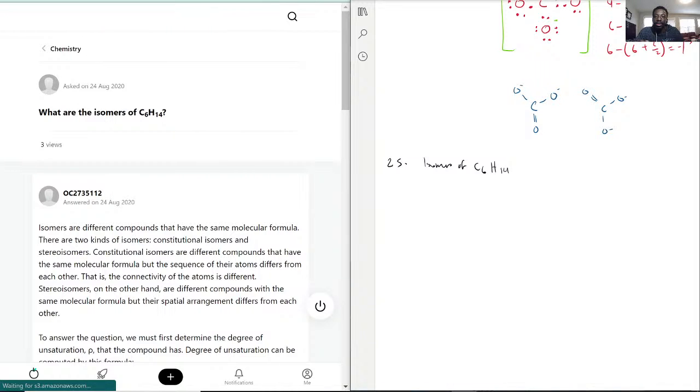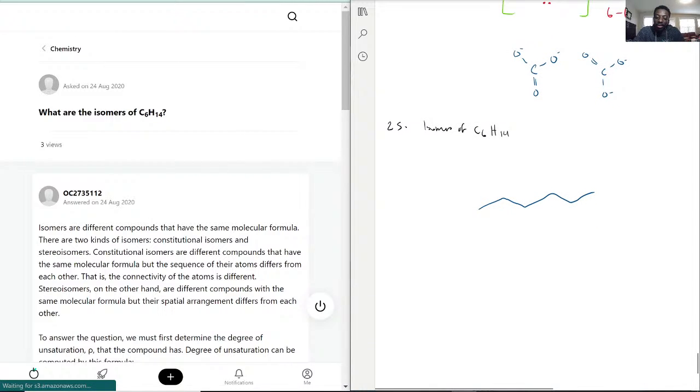But in terms of chirality, because we only have hydrogens bonded, there's no way you can twist the same molecule to get something different, because all the hydrogens are the same. But when we're looking at structural isomers, which have the same formula with different structure, we can have that, which would just be hexane.